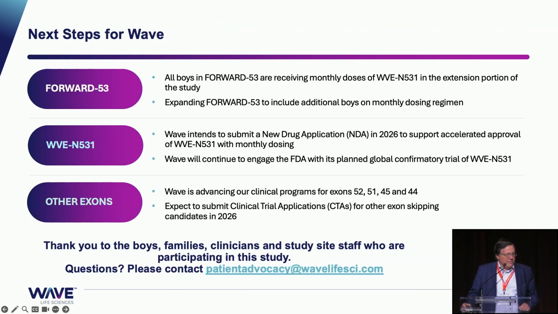So the Forward 53 trial is continuing. They intend to submit an NDA to support accelerated approval with monthly dosing, and there are additional clinical programs moving forward. So there's the contact information for Wave Life Sciences if you're interested in that.